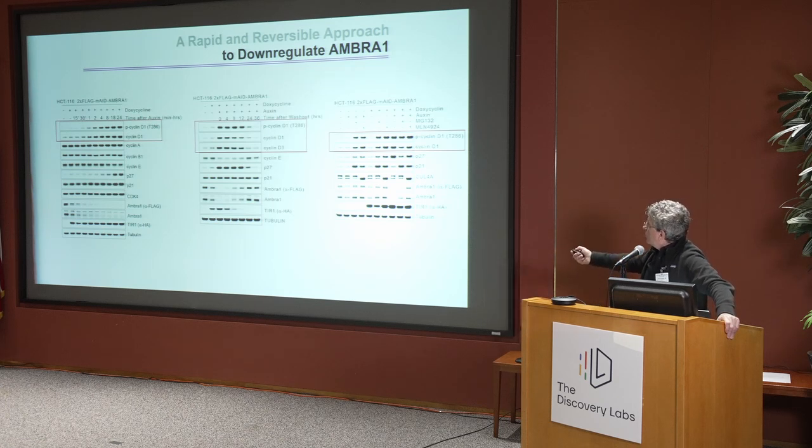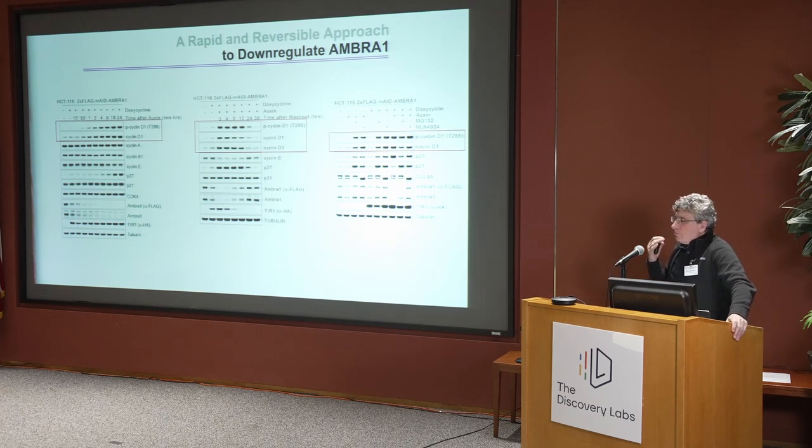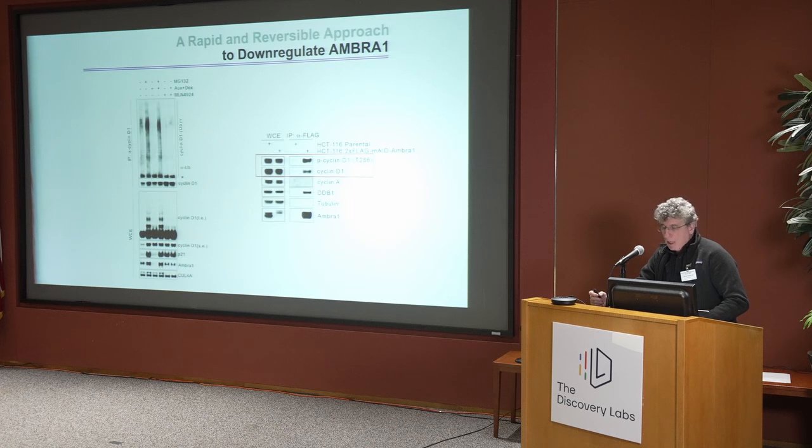And this is just to show you that the effect of auxin is very similar to the effect of MG-MLN. So there is no additional increase when you treat cells with auxin plus proteasome inhibitors or CRL inhibitors, suggesting that AMBRA is the only, or at least the very major, ubiquitin ligase for D-type cyclins.